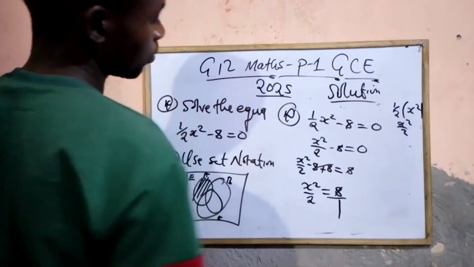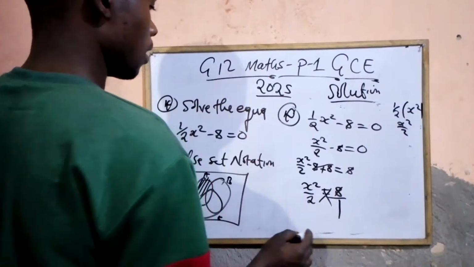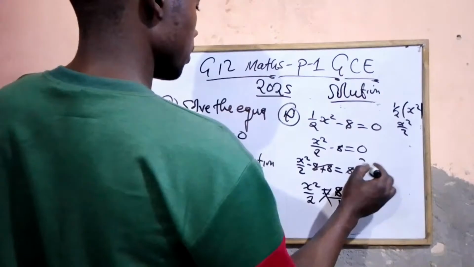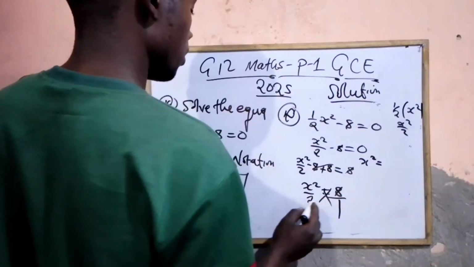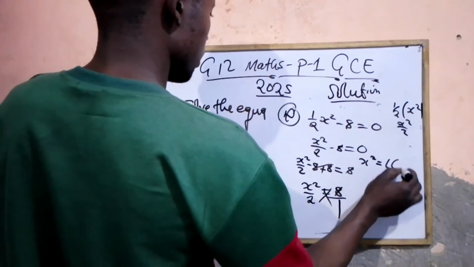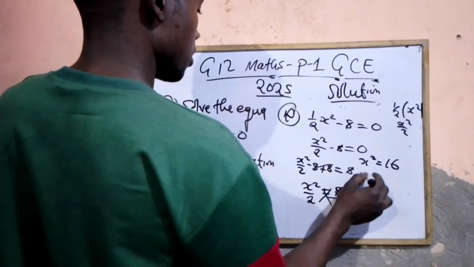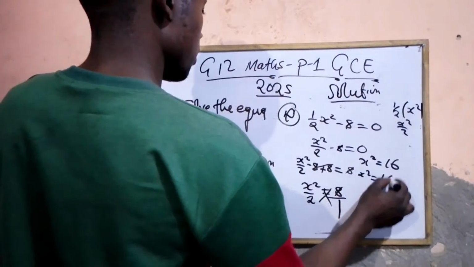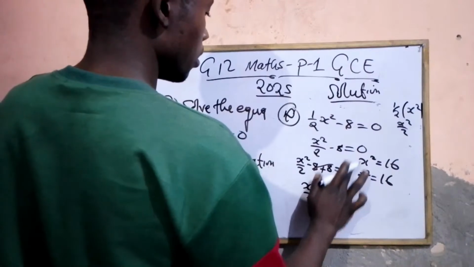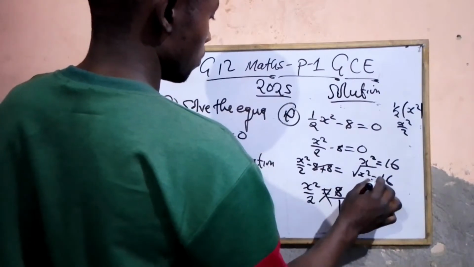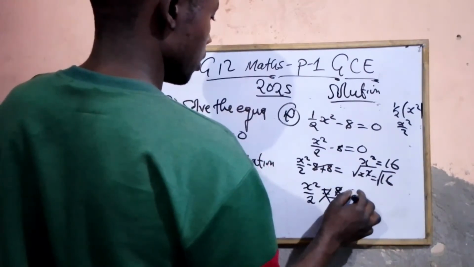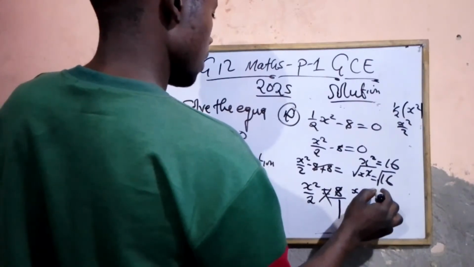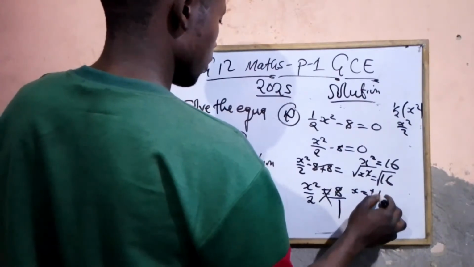Then here you cross multiply. You're going to have x squared equal to 2 times 8, which is 16. Then x squared equals 16. Now you take the square root both sides, in which x equals plus or minus 4.